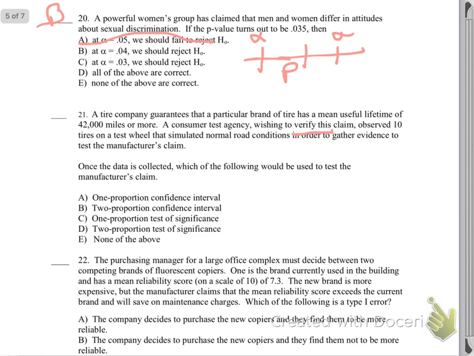So this is a means. Whenever we want to test a claim, we're doing intervals. So this would be a one prop interval, so the answer is A.